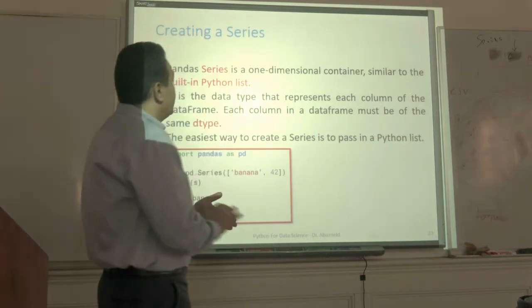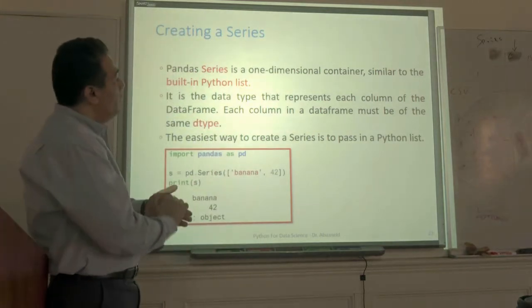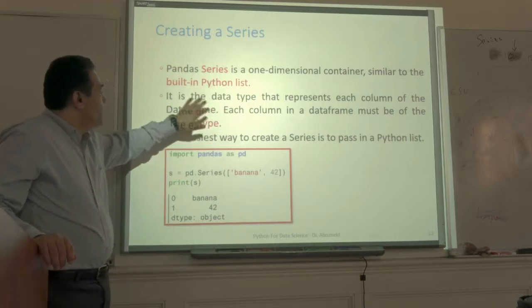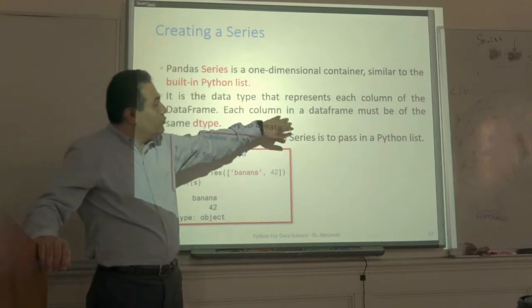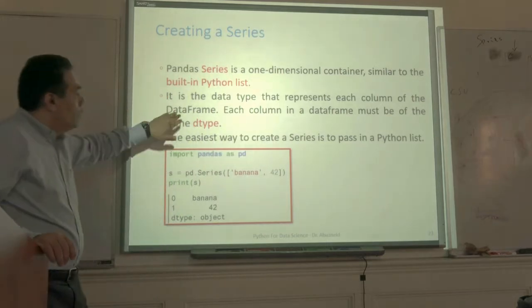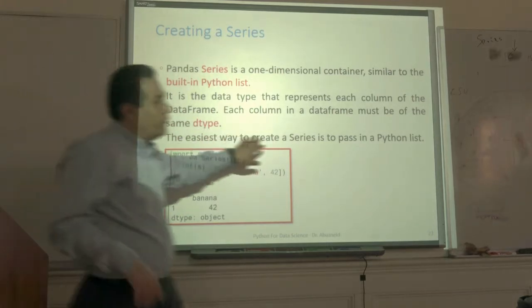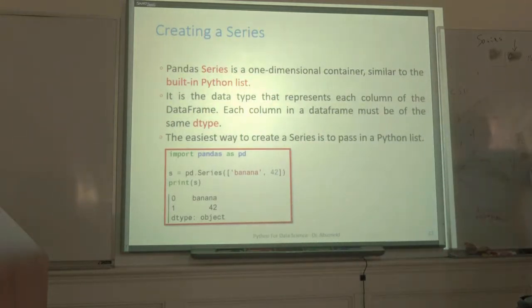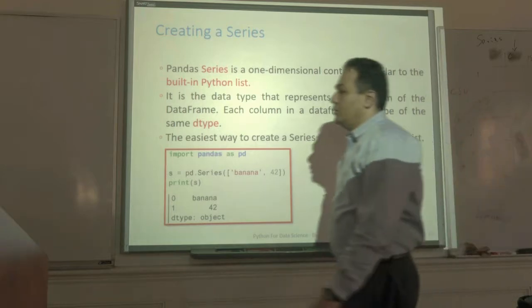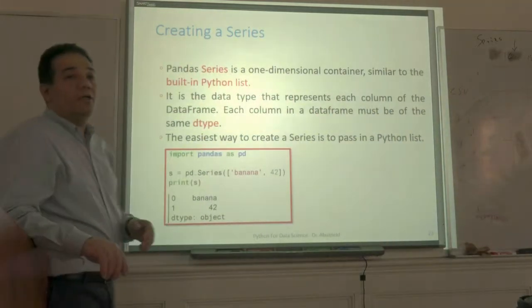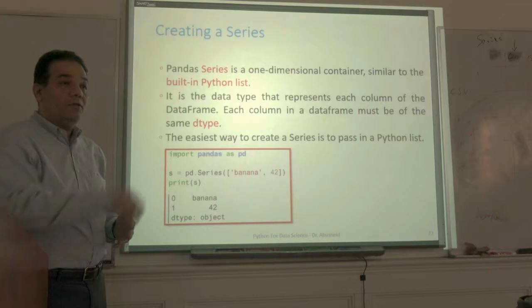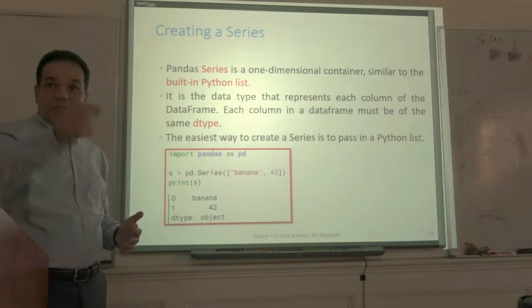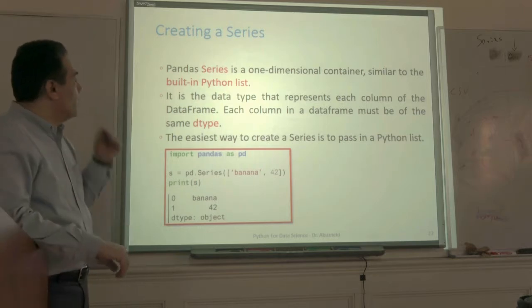A pandas series is a one-dimensional container similar to the built-in Python list. It is the data type that represents each column of the data frame. So each data frame is built of a group of series. In our example that we ran, how many series do we have? 6 series, right? Because we have 6 columns.